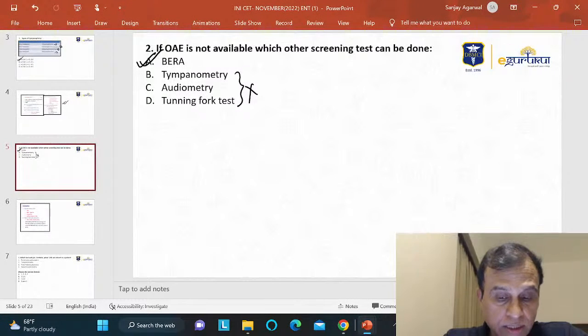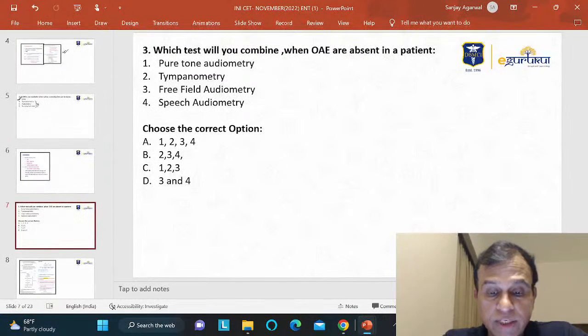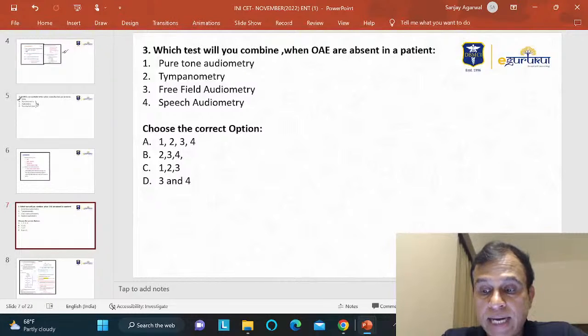There was another question of a similar type. I think one was in paper 1, one was in paper 2. The slight difference in the two questions: this one says, which test will you combine when OAE is absent in the patient?